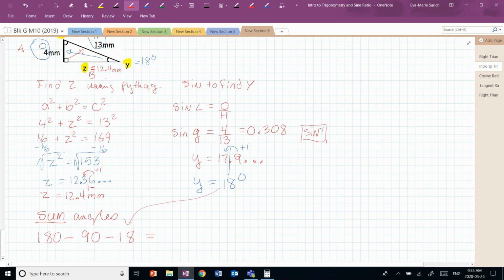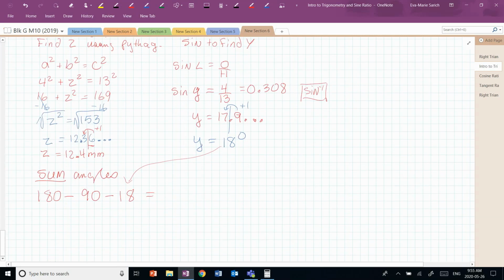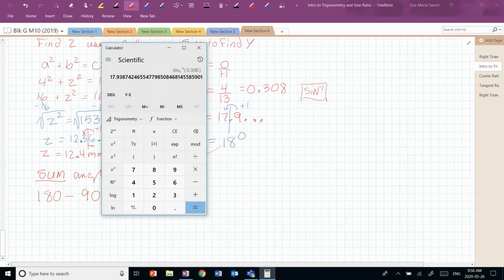Because all three of these have to add up to 180. So if we start at 180 and subtract the 2 we know, we're going to end up with the answer of the unknown.